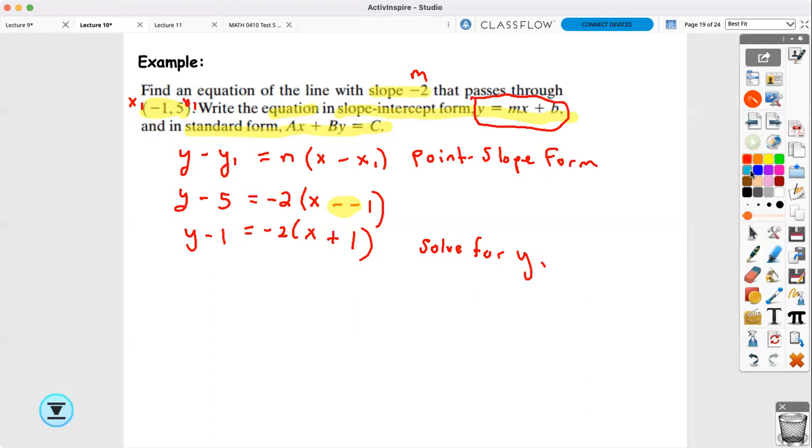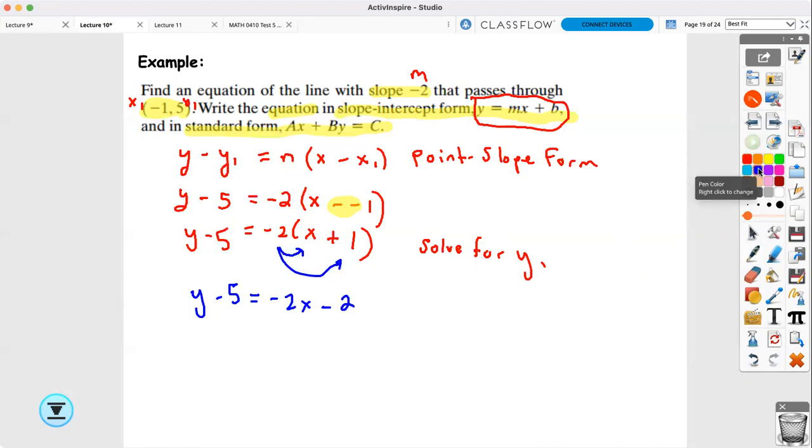So let's use algebra. We distribute this -2 first. -2 times x is -2x. -2 times 1 is -2. Bring down the y minus 1. Oh, not 1. It shouldn't be 1. It should be a 5. Is everyone with me so far, guys?